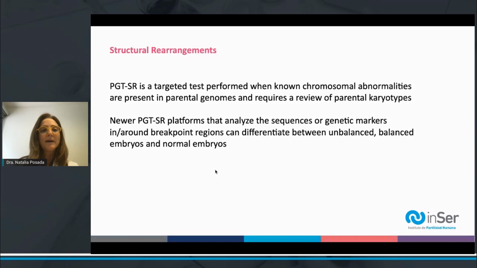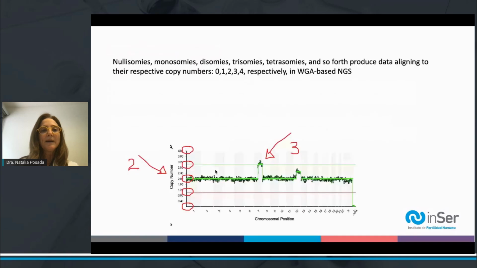So what one sees in an NGS profile is that most chromosomes should be aligned with a 2-copy number, okay? As we can see on the y-axis. If there's a chromosome with a 3-copy number, as is the case here for chromosome 7, then we know we have a trisomy of chromosome 7.